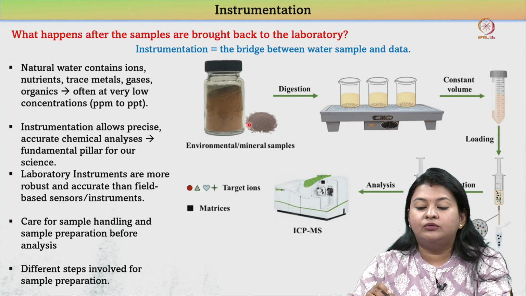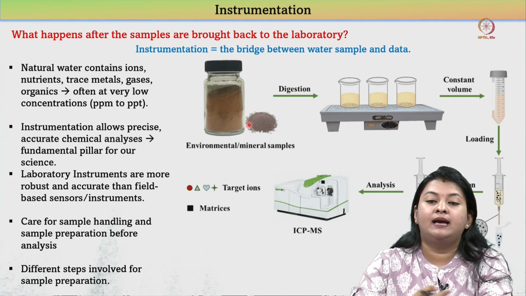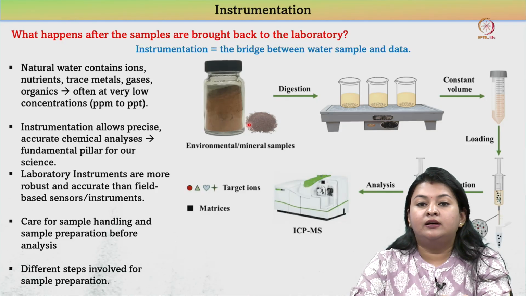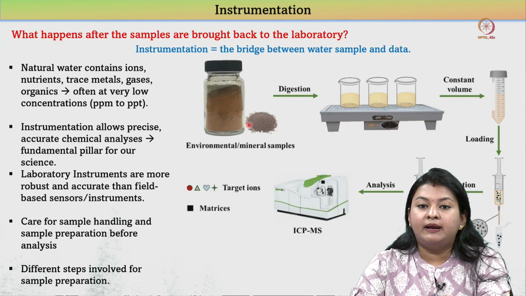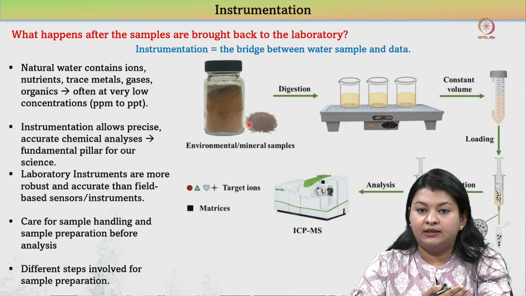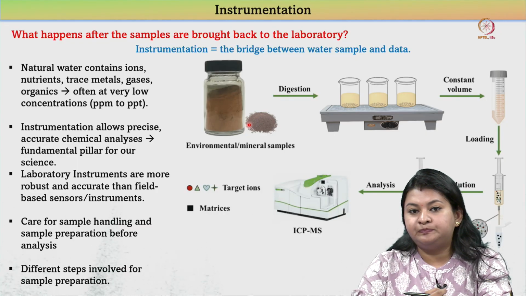Okay. So, you may have to add nitric acid once, you may have to add hydrochloric acid, sometimes you may add HF. So, depending on what your sample is, you have to fix your analytical protocol.